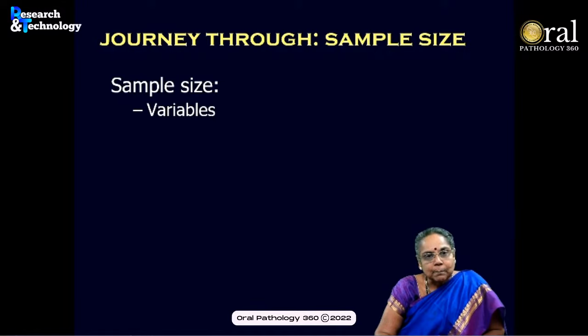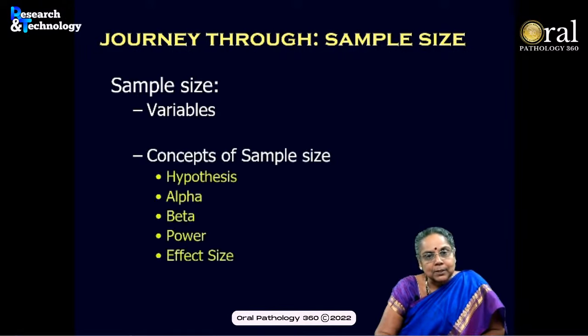I want to just explain to you what variables are before we actually get into the other factors. And then we have the concepts of sample size, namely hypothesis, alpha, beta, power, and effect size. And I'll try to explain to you this with examples.